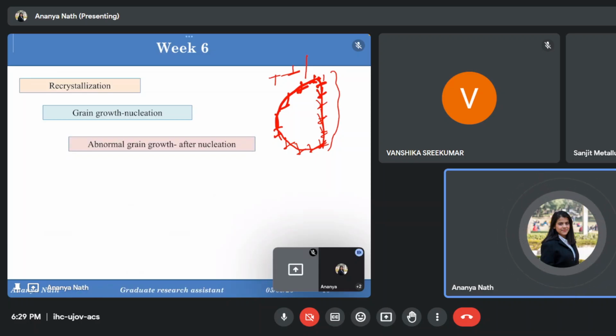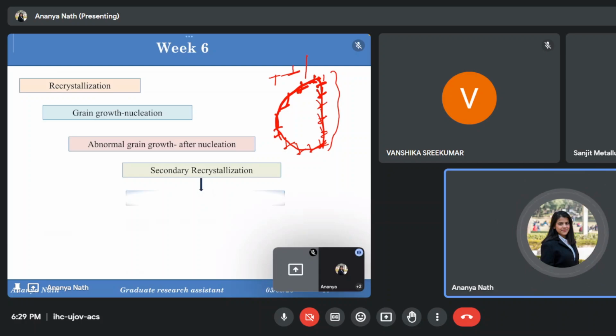But if we keep the material for a longer time at that temperature, there can be abnormal grain growth after nucleation that can hamper the material quality that I want after recrystallization. That will be called secondary recrystallization.